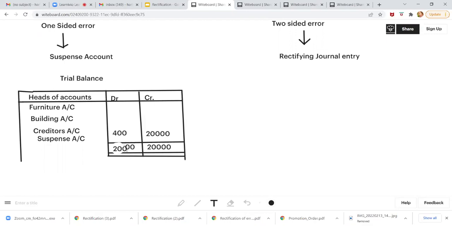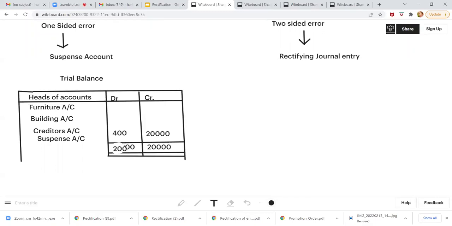So what is suspense account here? Suspense account is the account to which the amount being the difference in the trial balance is temporarily placed. It is created because there is some error which the accountant has to find out in the future, right?